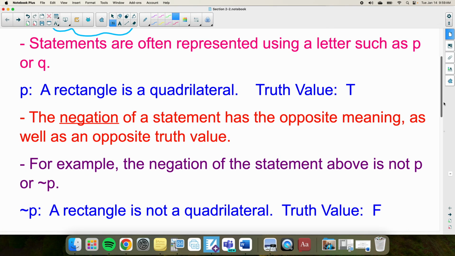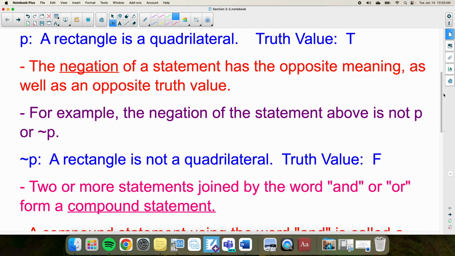Now, when they give you several statements, and I don't know why this is, they call them P, Q, and R. Those are the three letters they use. So they'll give you a statement, and then you'll have to determine if that's true or false. A rectangle is a quadrilateral, because a quadrilateral is any four-sided figure. Okay, so that's true.